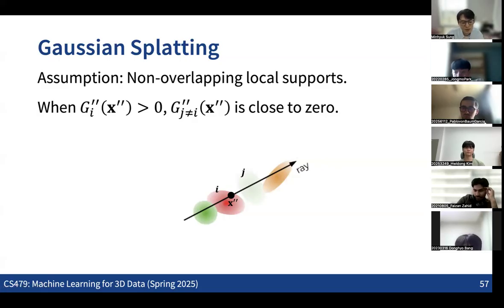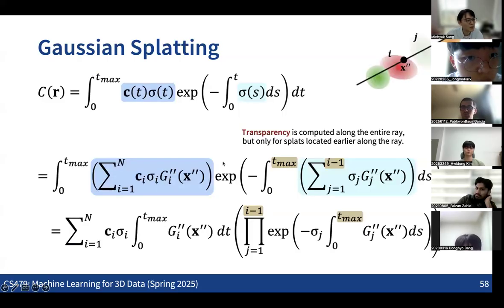So based on that, how can we compute the volume density equation? This was the equation that we have seen, the volume density equation, and the transparency was defined in this way. Now we are simply replacing this term with the definition of the opacity and the color, defined with these splats as we have seen in the previous slide.